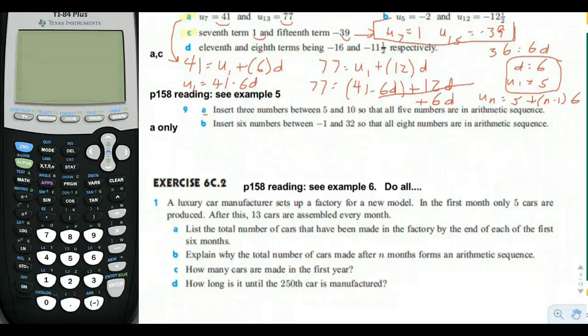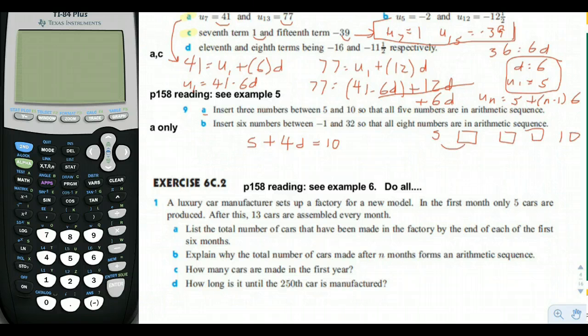So we need to find 3 numbers that are the exact difference between each other. So we could have 5 plus 4d is equal to 10.